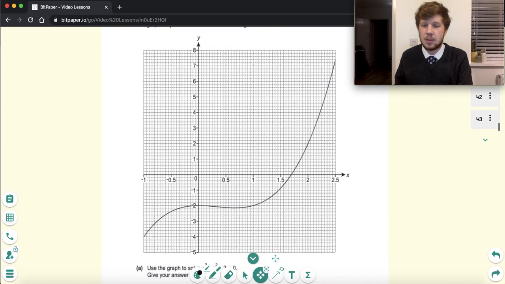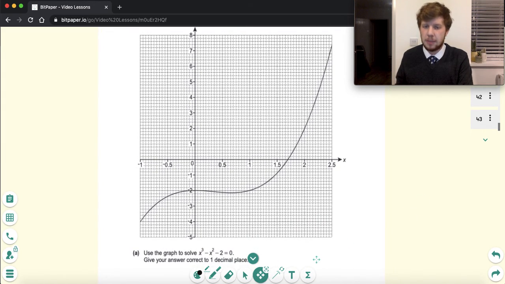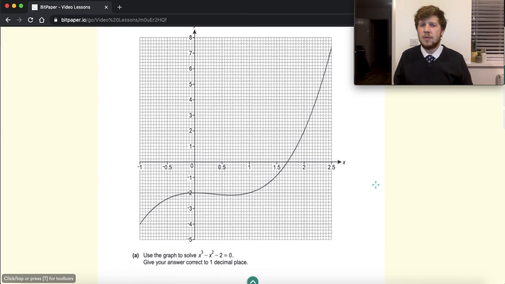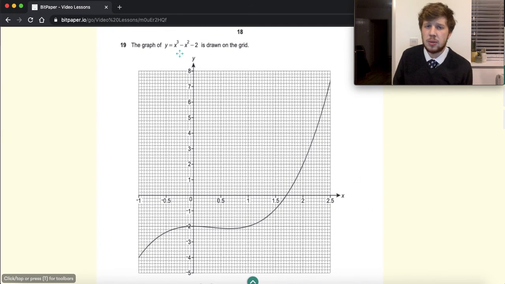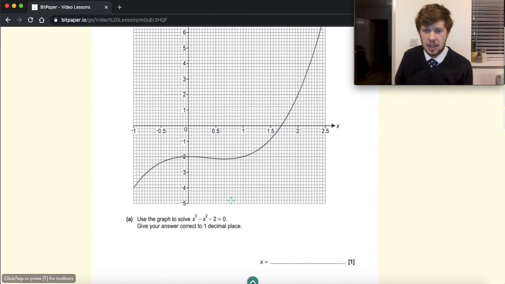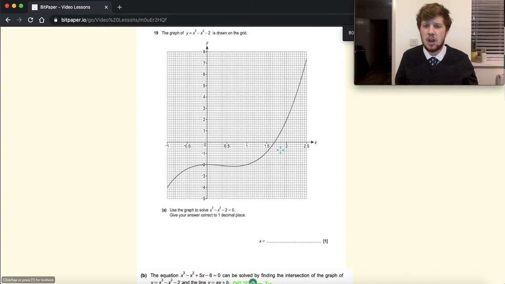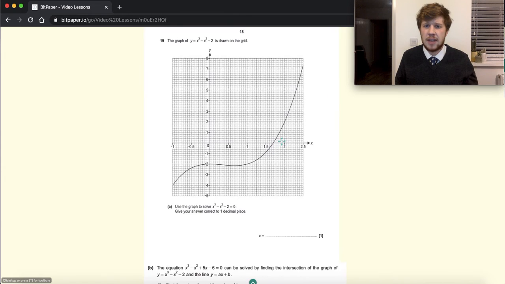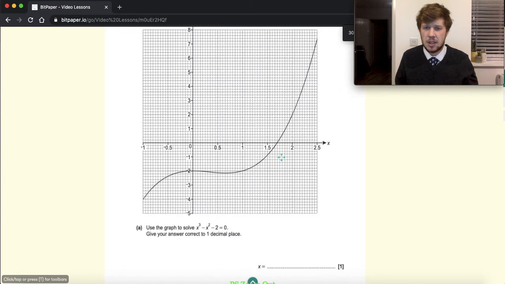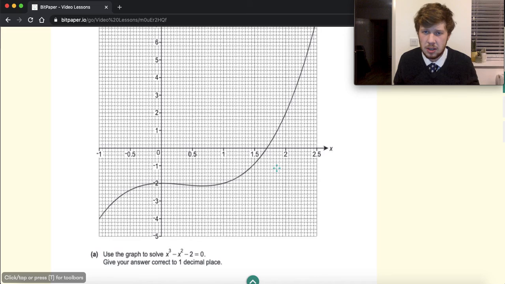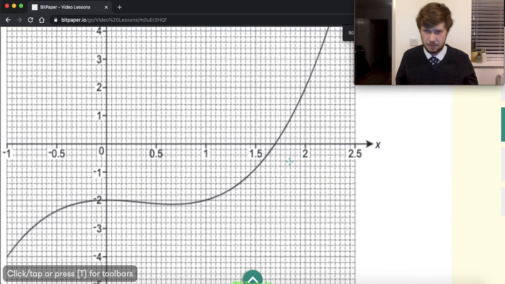And finally, the last question on the paper was quite a tricky question. It was to do with this cubic graph of y equals x cubed minus x squared minus 2, and use the graph to solve x squared minus x minus 2 and give your answer to 1 decimal place. Well, if we're solving it, in this scenario it's equal to 0, so therefore I'm going to zoom in to the point where it's equal to 0 and just read off that value.